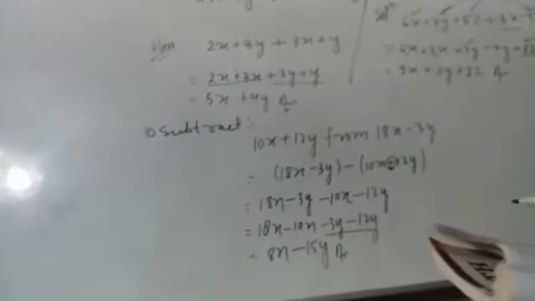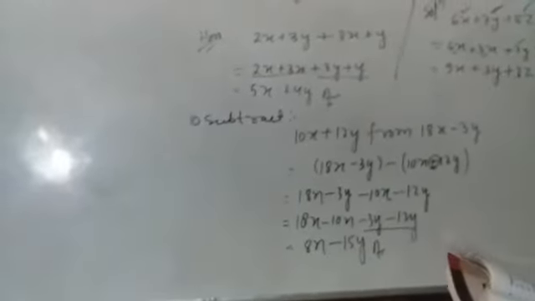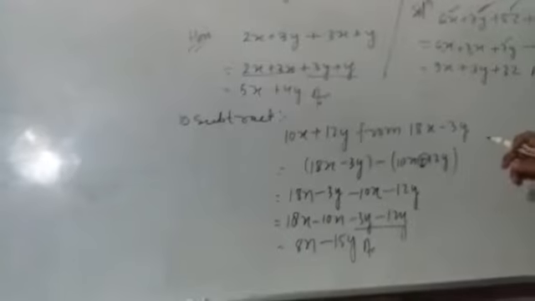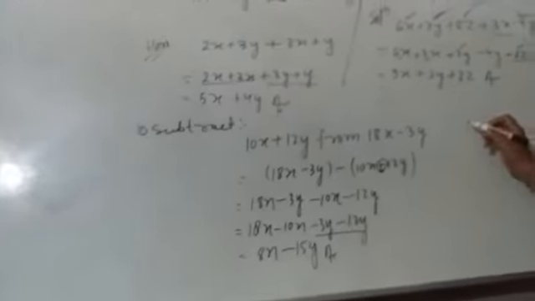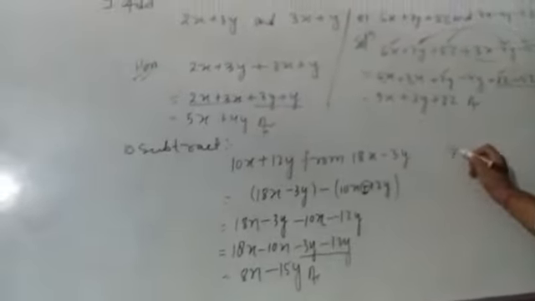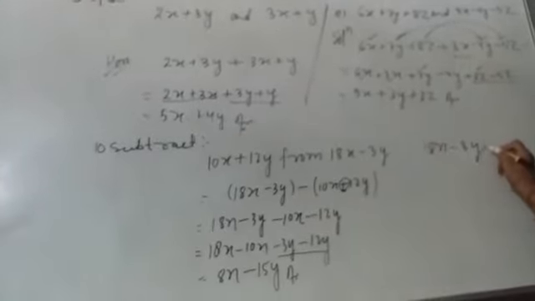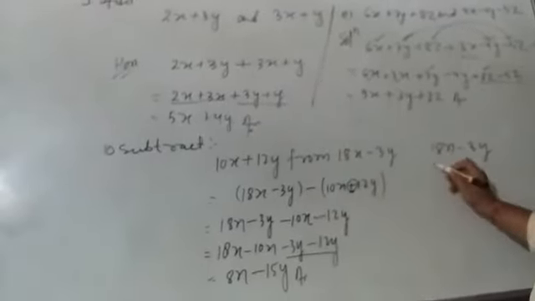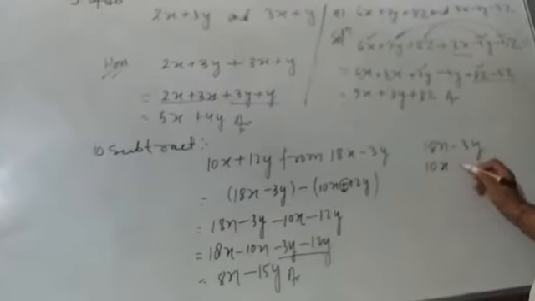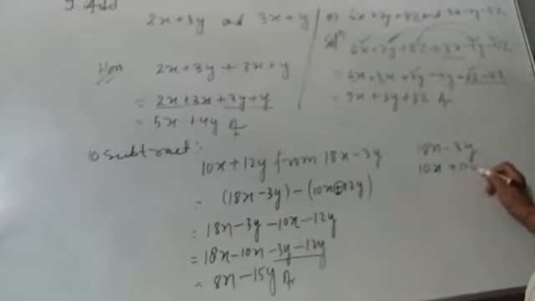Yes, in your class 5, you are doing these subtractions vertically, that is 18x minus 3y, and in the same way you write down 10x plus 12y.